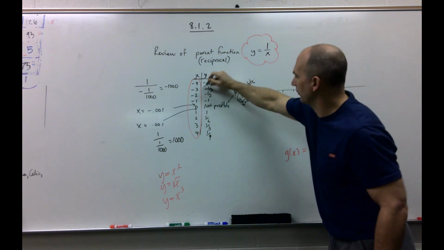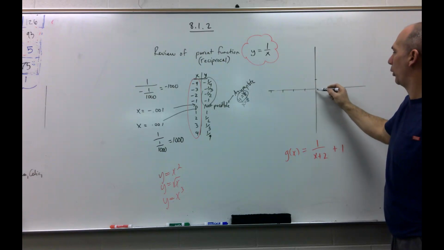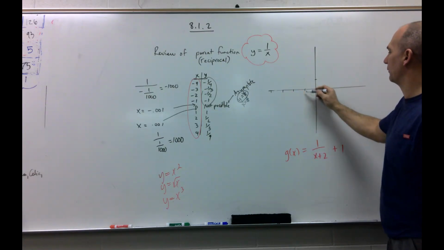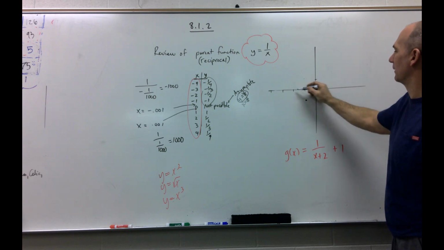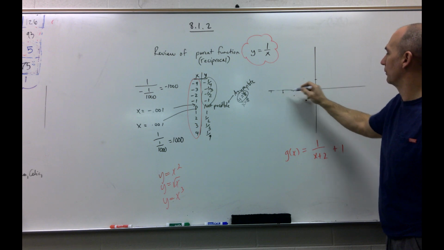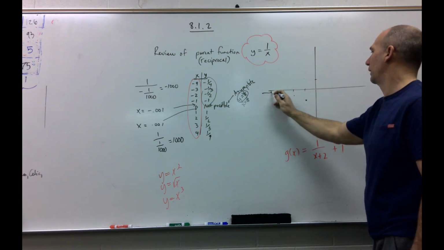Notice I wasn't even considering the negatives. So those would all flip. Okay, negative 1, negative 1. Negative 2, negative a half, negative 3, negative a third, negative 4, negative a quarter or so. And this is what it's supposed to be looking like.